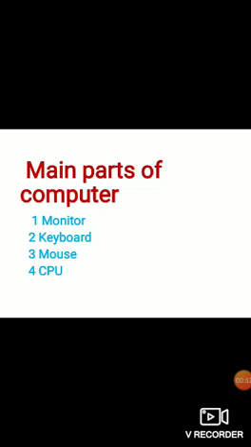A computer has several parts, but the four main parts of the computer are CPU, monitor, keyboard, mouse. These are the main parts of computer, without which computer cannot work. We need these four parts to work on a computer. These are the necessary parts of the computer.